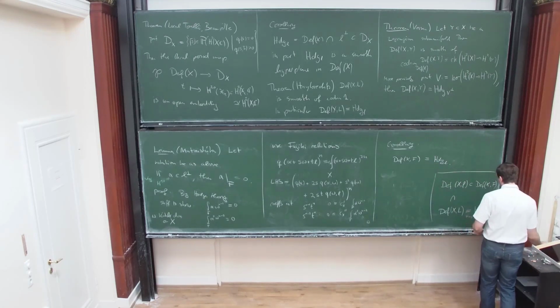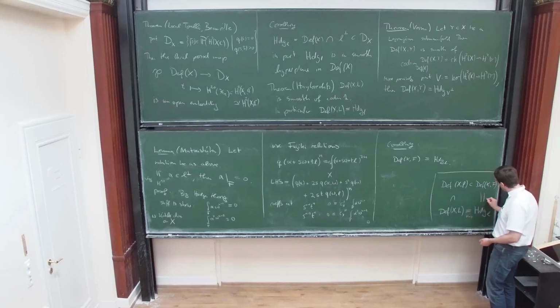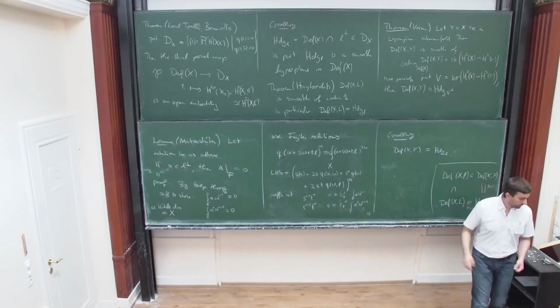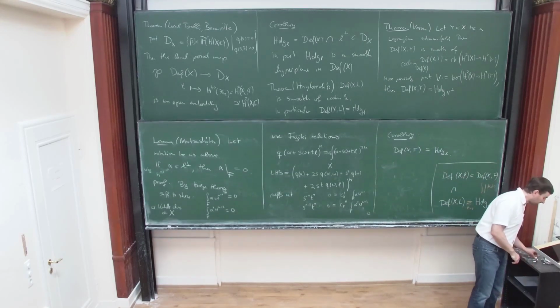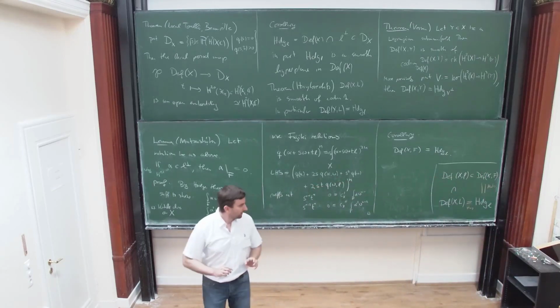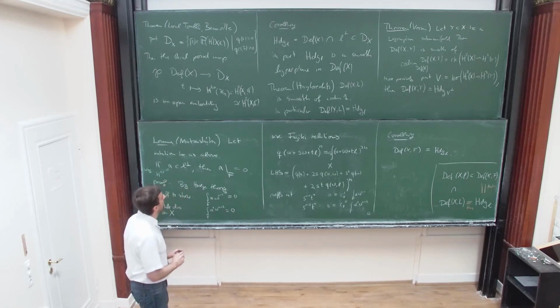Okay, so that means we get an equality here by Matsushita. It's not completely obvious. Well, I mean, it's obvious from the theorems, but let me point out what we actually need.